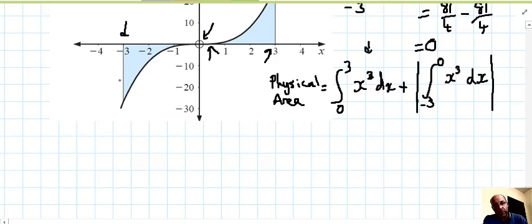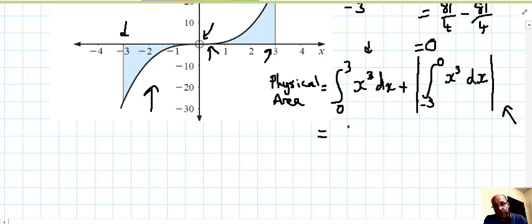For the section that's between x equals -3 and 0, we have to take the absolute value there. Can you see the absolute value symbol? That's because that interval will come out as negative when we use definite integration, and the absolute value will essentially remove that, so it treats it essentially as a positive.